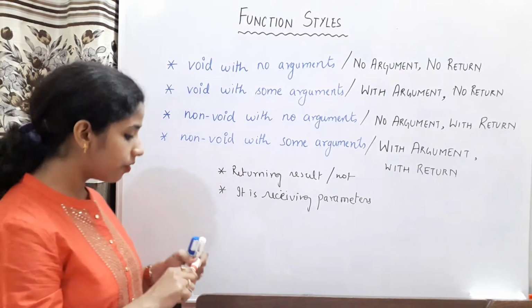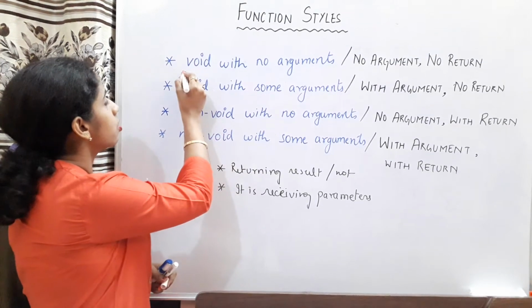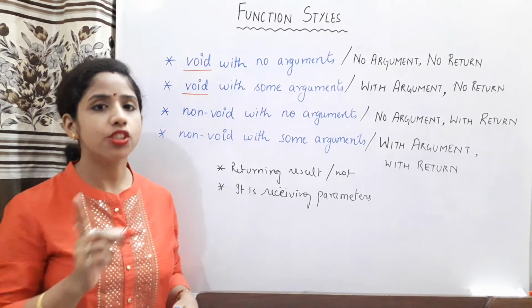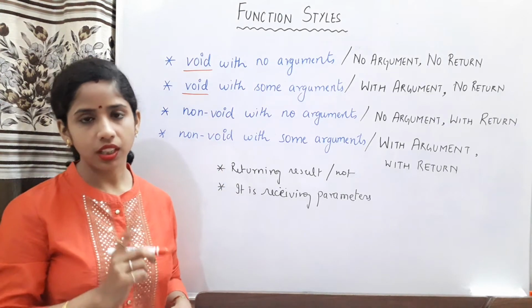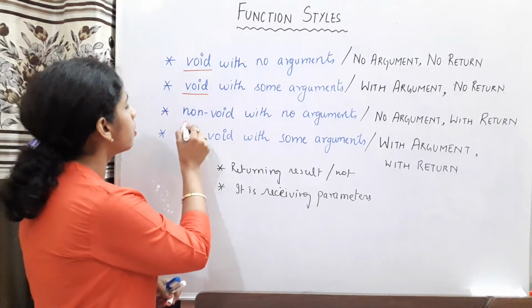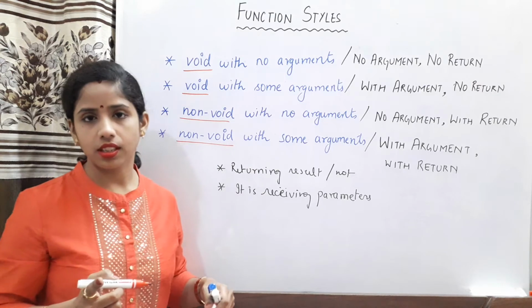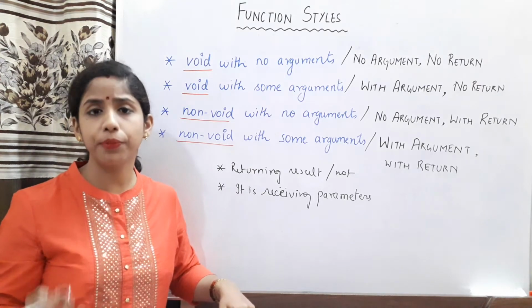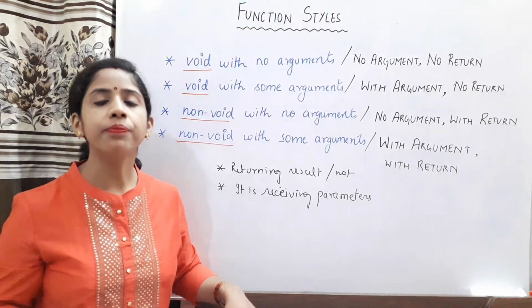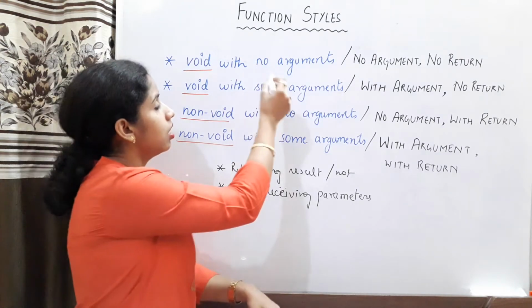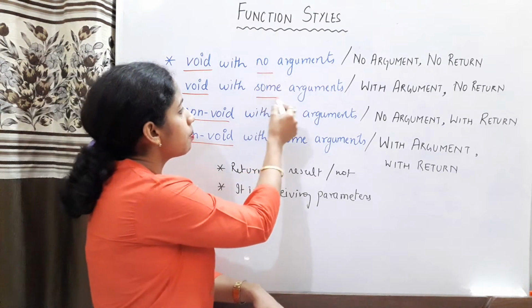Whenever in the style of the function you have void, this means that the function will not return anything. And whenever the function is non-void, the function will return the result, whatever result it has computed from the function body. Then no arguments, some arguments.